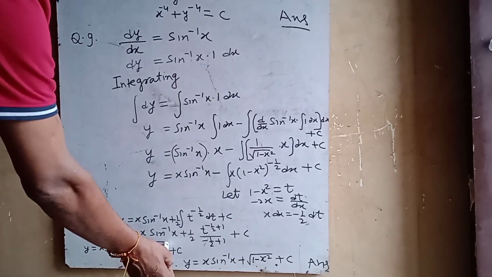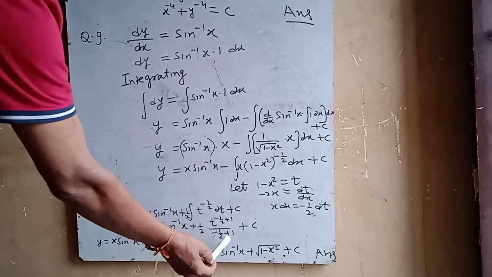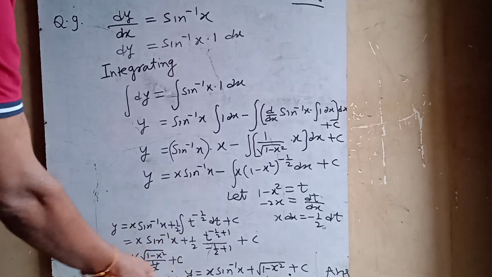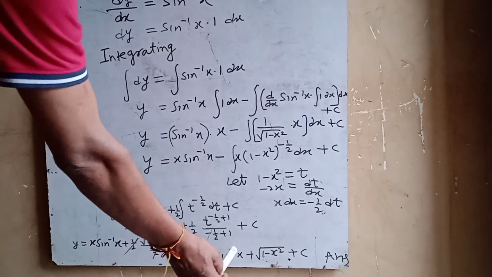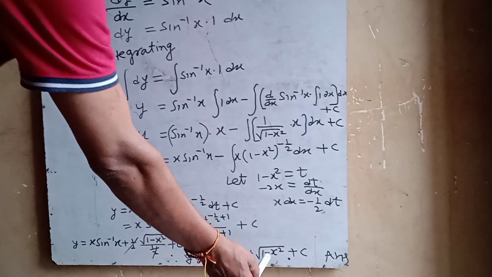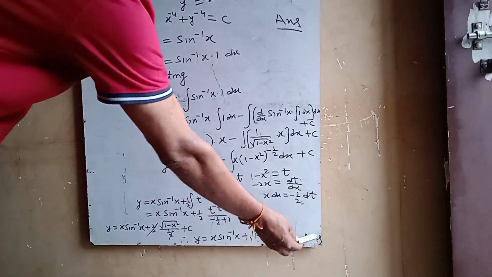So under root 1 minus x square, and minus half plus 1 becomes plus half. So half cancels out. So remaining is y equals x sine inverse x plus under root 1 minus x square plus c is the answer.